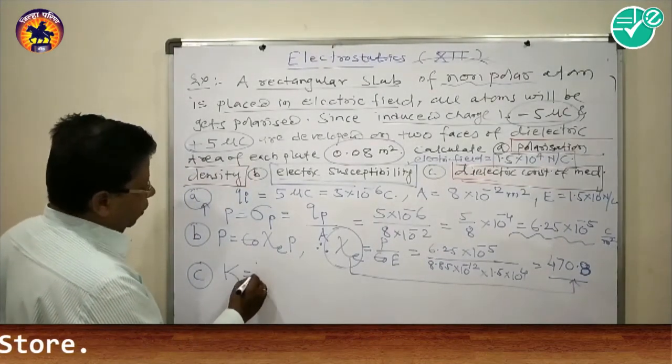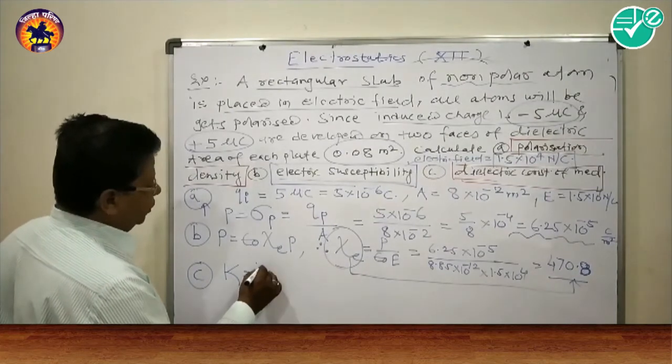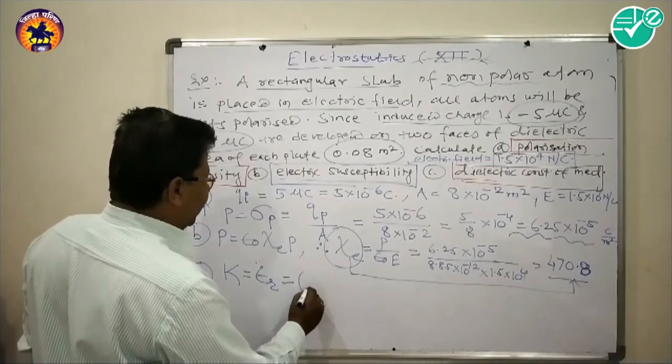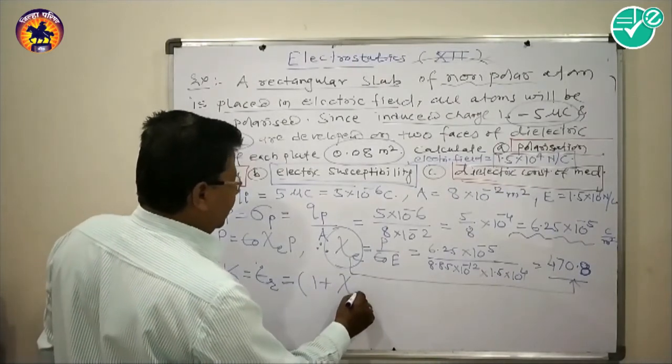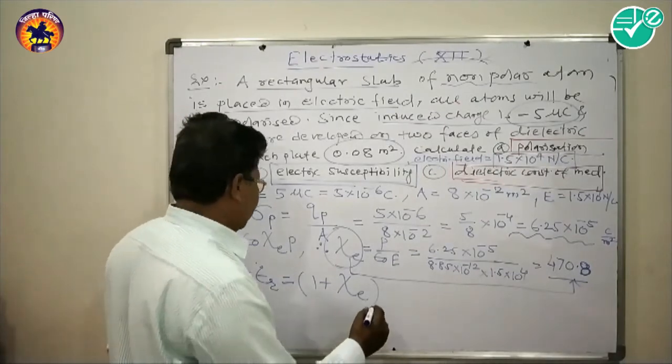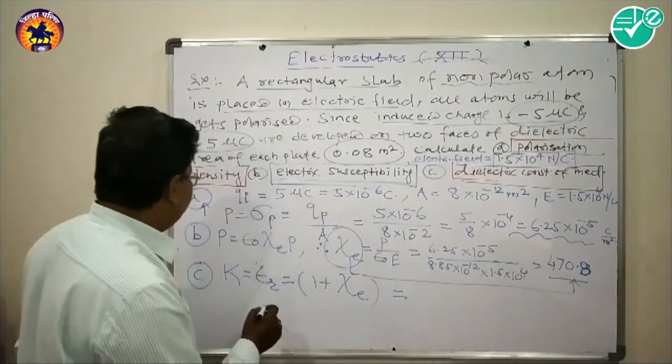So the dielectric constant of the medium K, or relative permittivity, is given by the formula 1 plus chi e, that means electrical susceptibility.